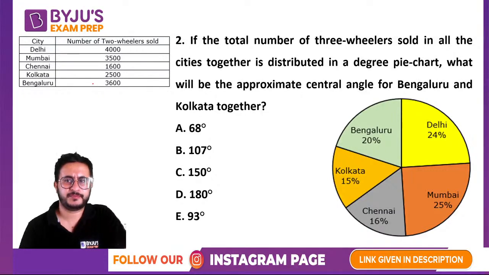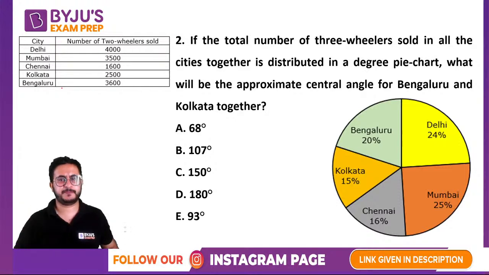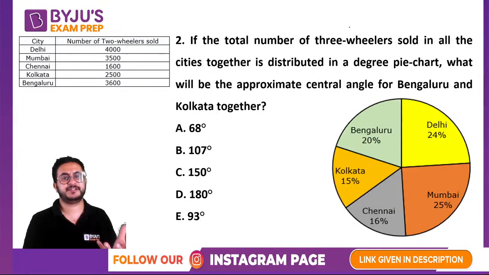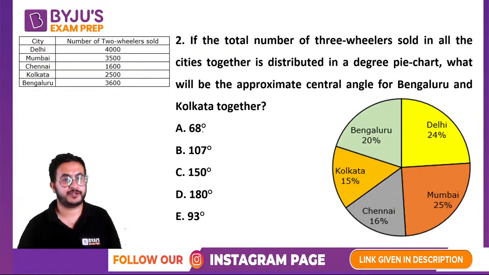This pie chart is for total vehicles, two-wheelers plus three-wheelers, but the question says we have to find for just three-wheelers. We have to make another pie chart of only three-wheelers and then find the degree angle for Bengaluru and Kolkata together.